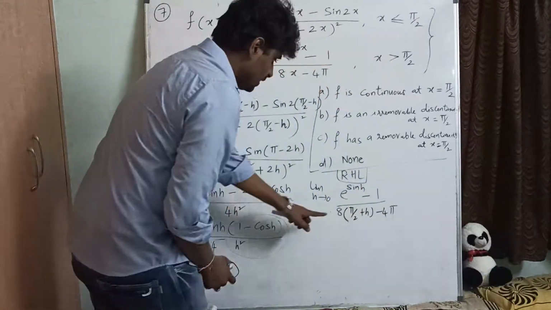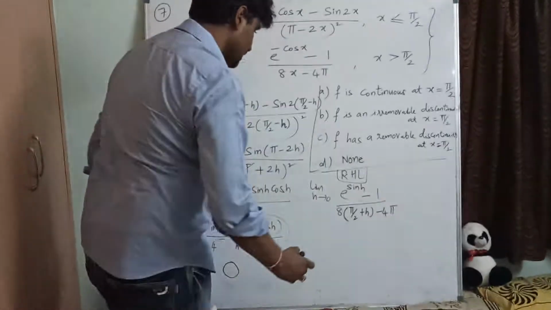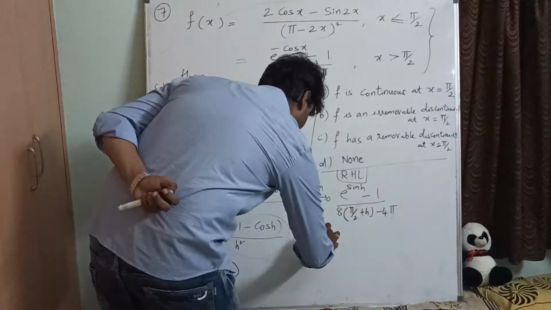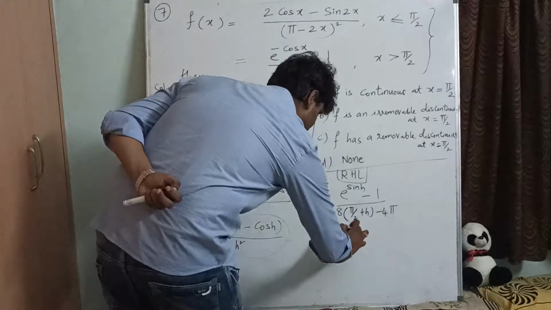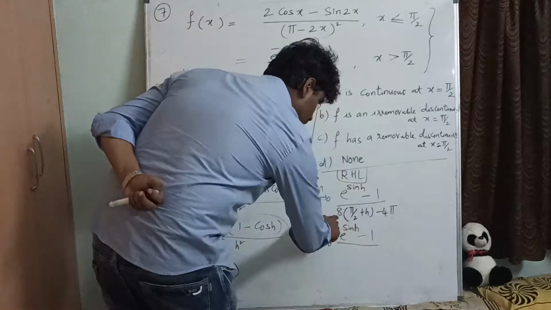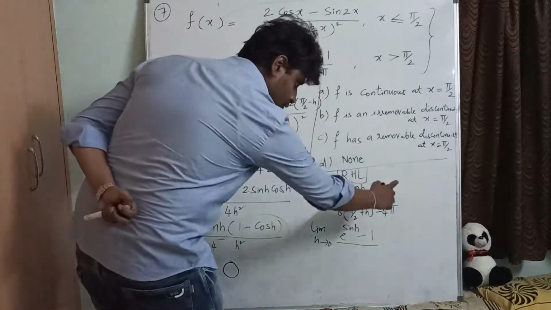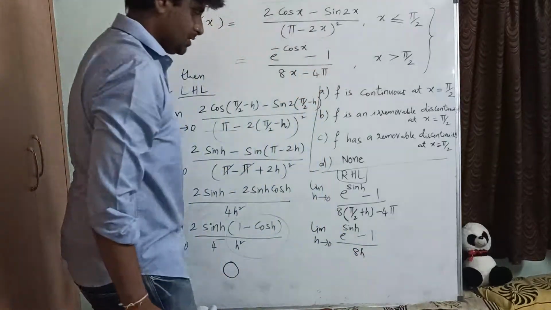So here if you observe, 8 into pi by 2 will get 4 pi, and 4 pi gets cancelled there. So finally what will we get? Limit h tends to 0, e power sin h minus 1 by, 4 pi gets cancelled, so finally I will get it as h.